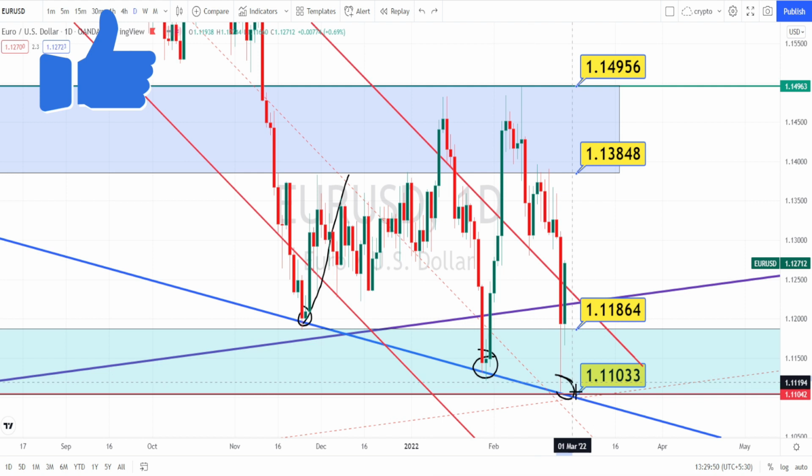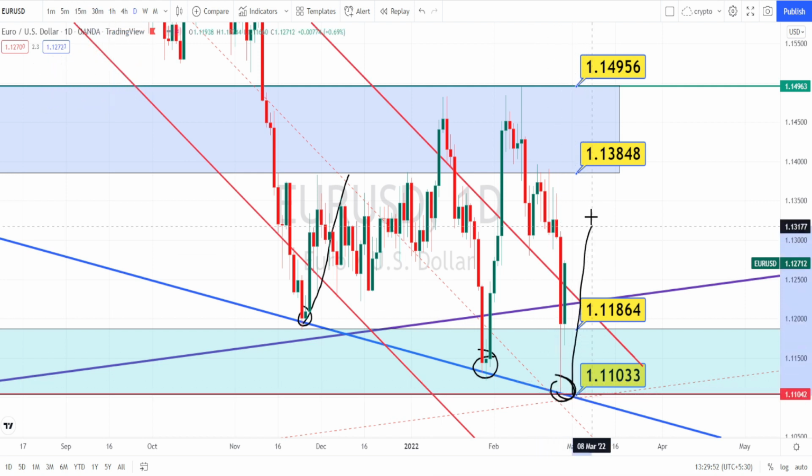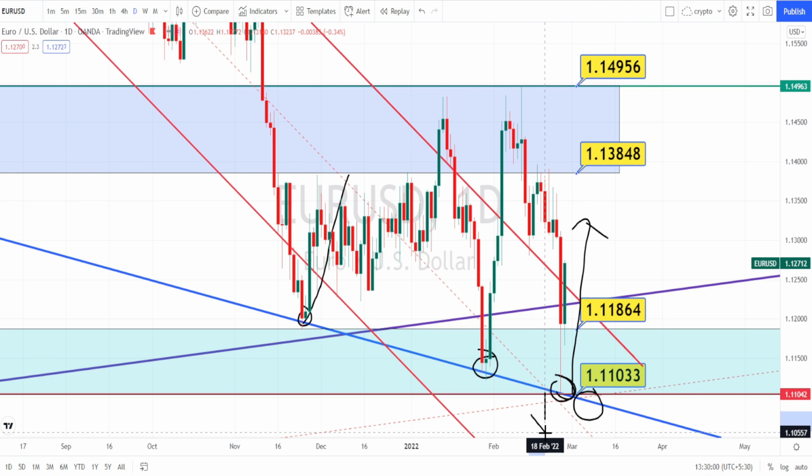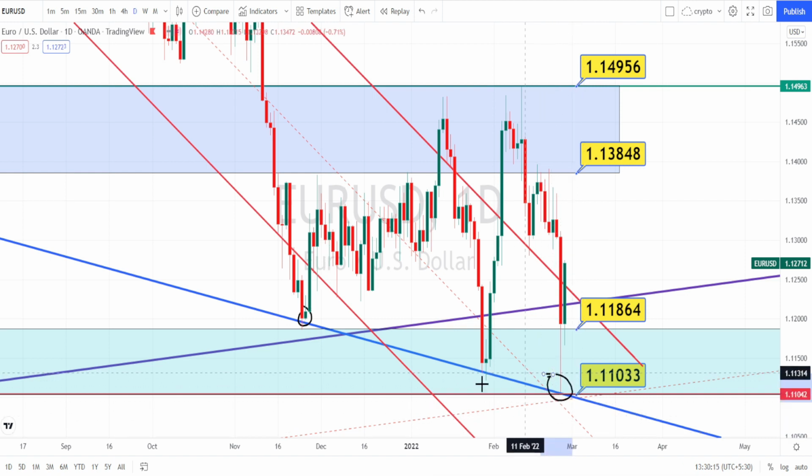As long as this trend line is holding, we can expect the price to bounce back on the bullish side. Once this trend line, or the support line, is breached, we can expect a bearish trend reversal in this currency pair. So this trend line plays a vital role in deciding whether a bearish trend reversal or a bounce back on the bullish side is going to happen.